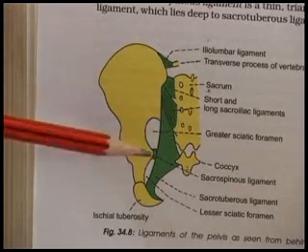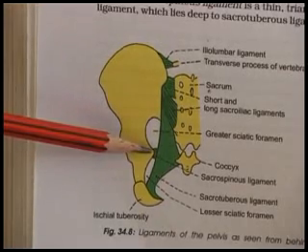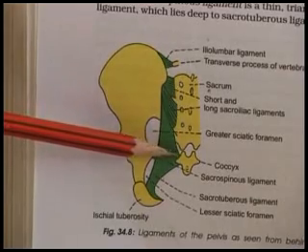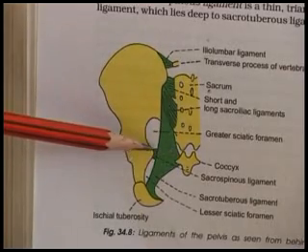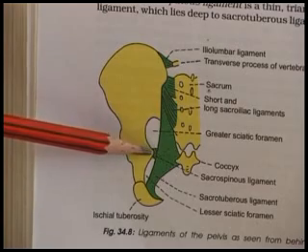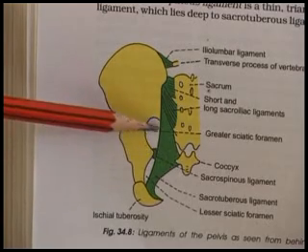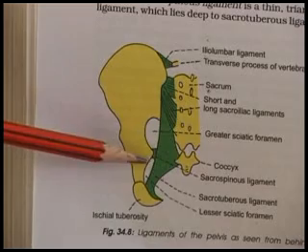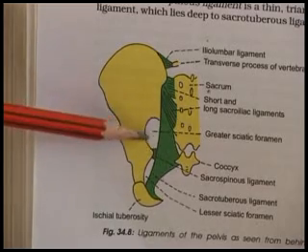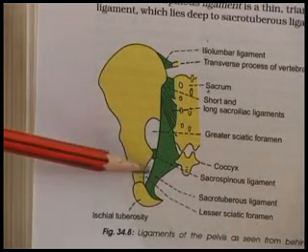Extending between the ischial spine and the lower part of the sacrum is a horizontally placed ligament, the sacrospinous ligament. These two ligaments convert the greater sciatic notch and the lesser sciatic notch into the greater sciatic foramen and the lesser sciatic foramen.